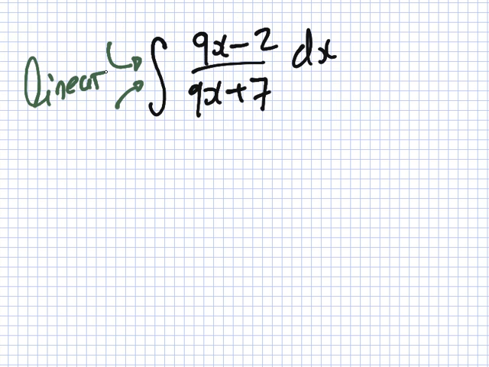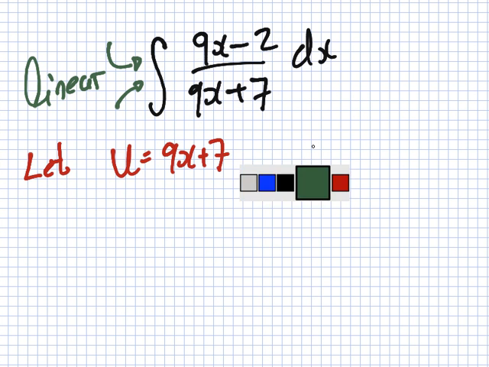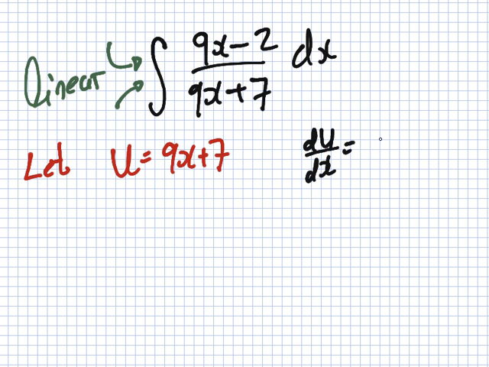If they're both linear, then the following method would work. In fact, another substitution. So we get du dx equals 9. So then we get dx equals du over 9.